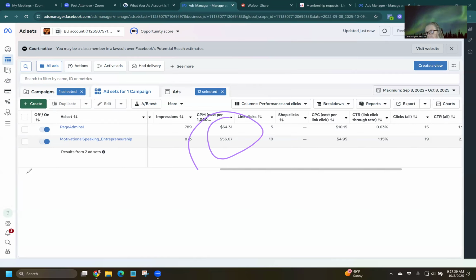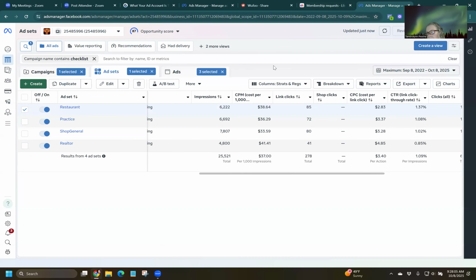So for those of you that work with me, you know some of the method to my madness when I say you need to have your own domains. That's why Facebook hates replicated websites of any kind. Facebook is letting me send people to Skool, but I'm paying for it. Does that make sense?